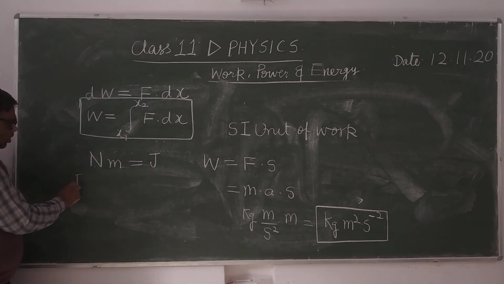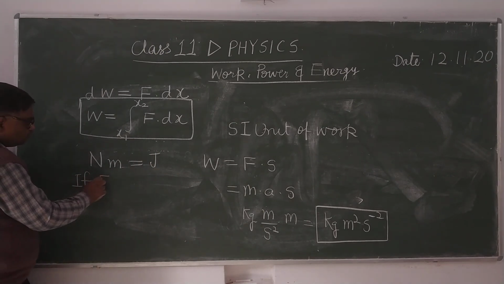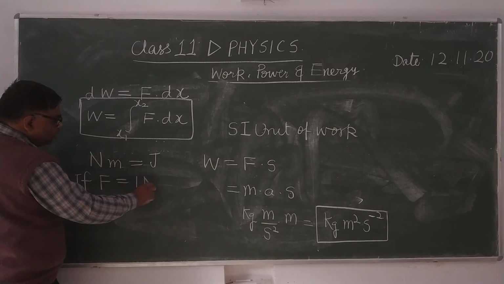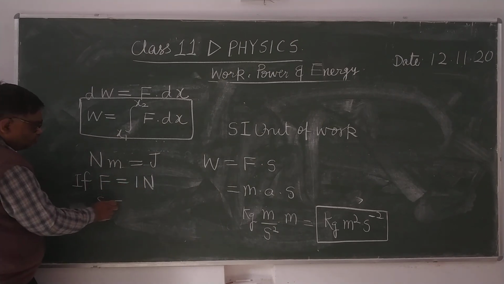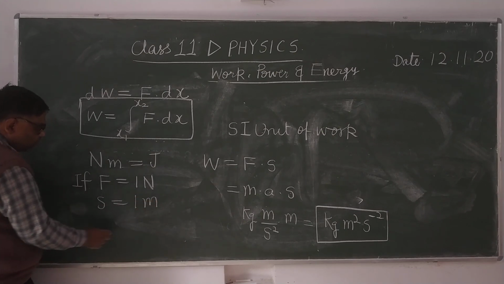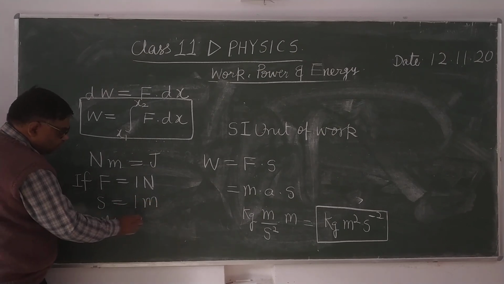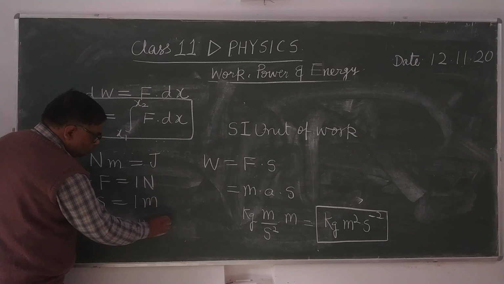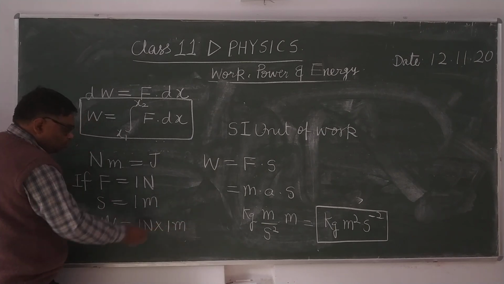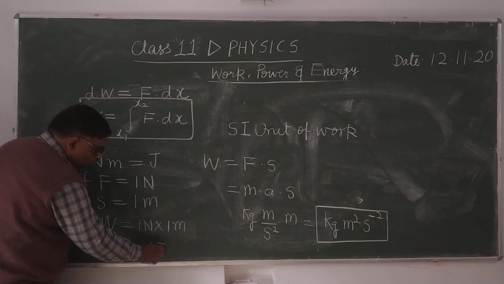Means if F equals 1 Newton, S equals 1 meter, then the work done will be equal to 1 Newton into 1 meter. 1 into 1 is 1, Newton meter is Joule.